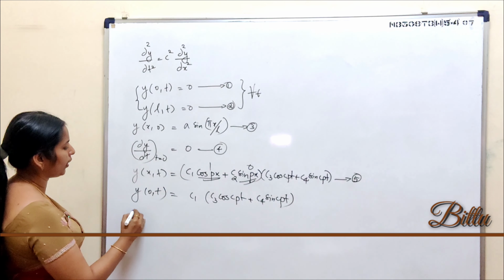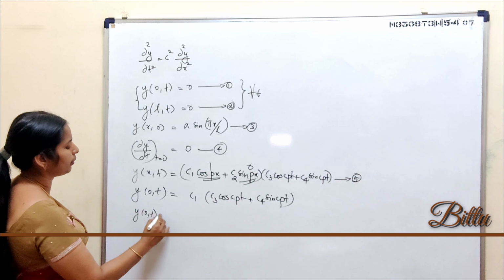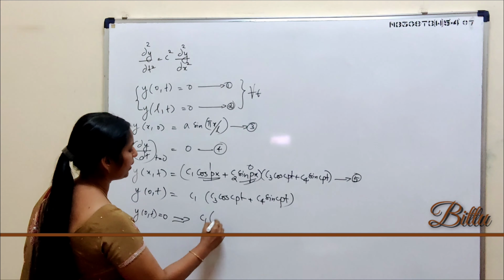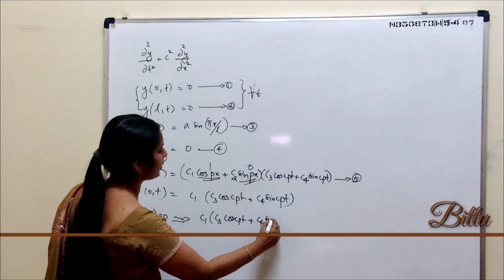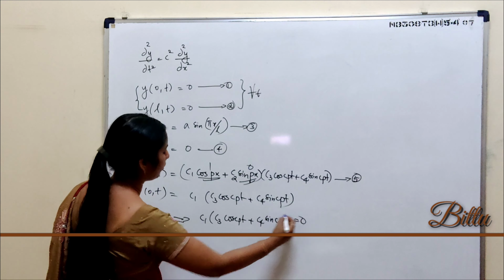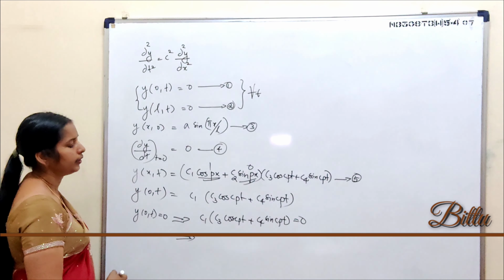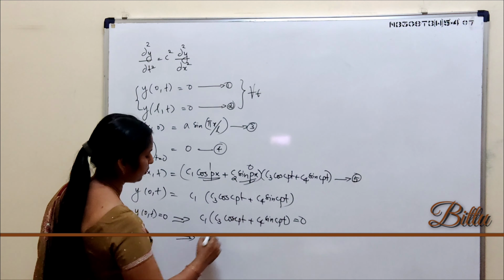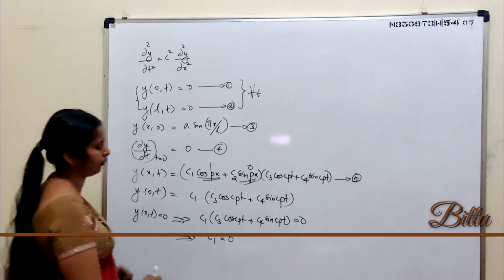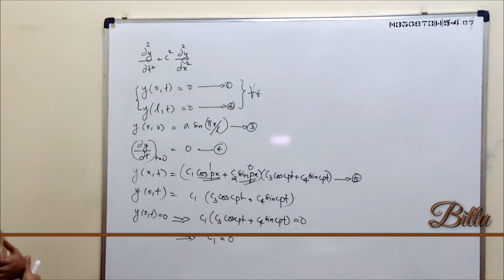By condition number 1, y(0,t) = 0, which implies c1(c3 cos cpt + c4 sin cpt) = 0. This is true for c1 = 0. So c1 = 0.